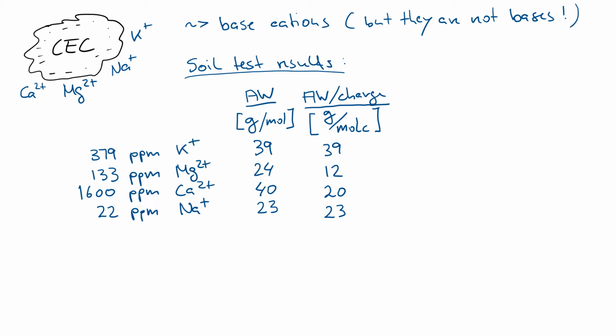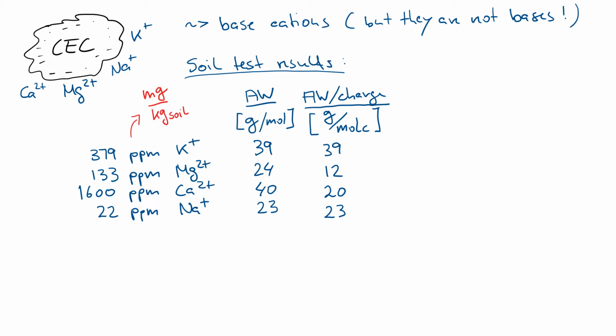For magnesium and calcium, because they have two charges, that number for the atomic weight actually halves, so instead of 24 grams per mole of magnesium, we have 12 grams per mole of charge for magnesium. Now, parts per million really just means that there is 1 milligram per kilogram of soil.